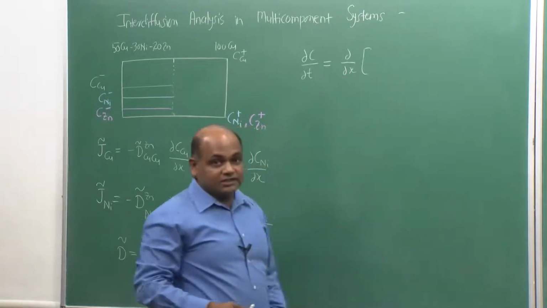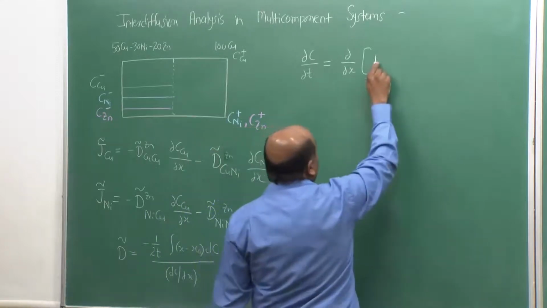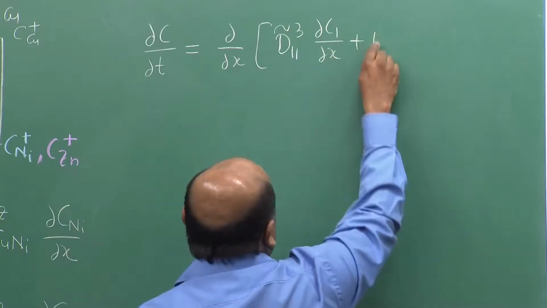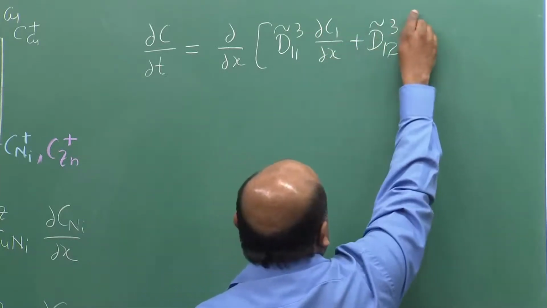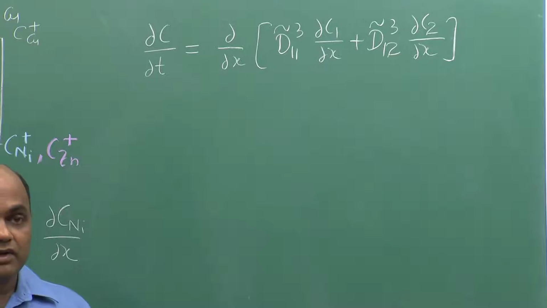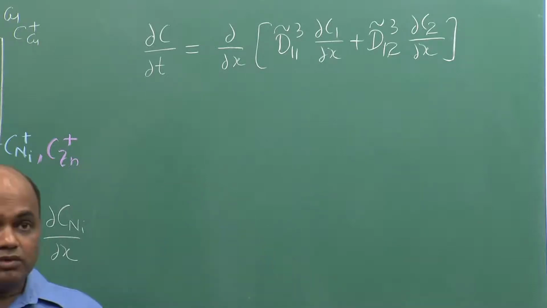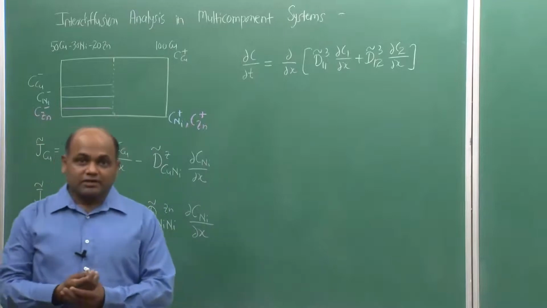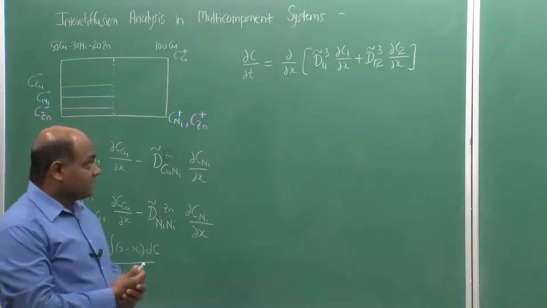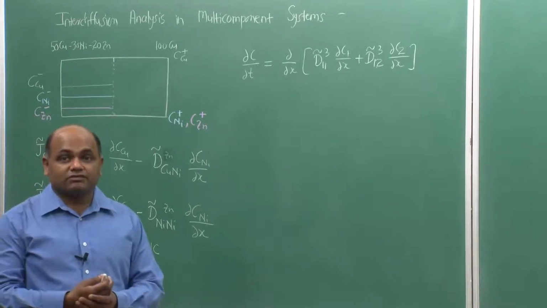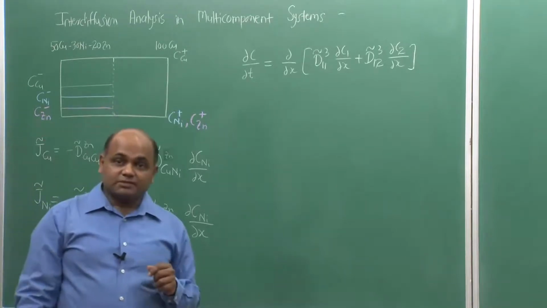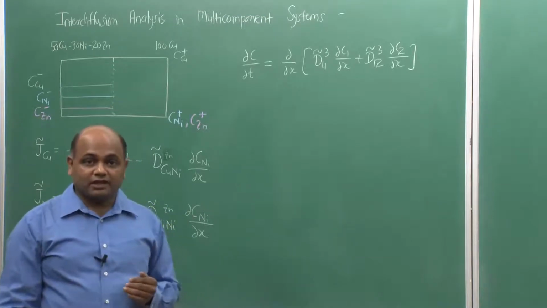So, if we consider in general components 1, 2, 3, we can write D11 tilde 3 dou C1 by dou X plus D12 tilde 3 dou C2 by dou X. So, in order to go ahead, we will use a very powerful approach which was proposed by Dayananda. With this approach, we first find out the interdiffusion flux directly from the concentration profile that develops in the diffusion couple at the end of the diffusion annealing.